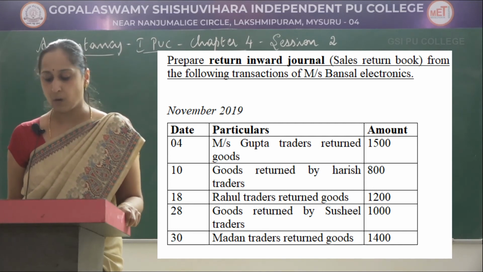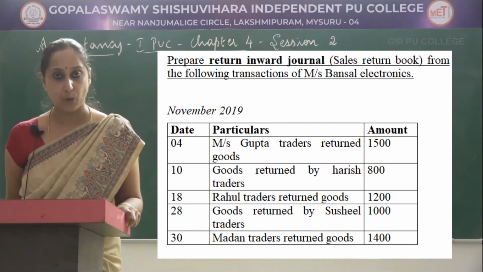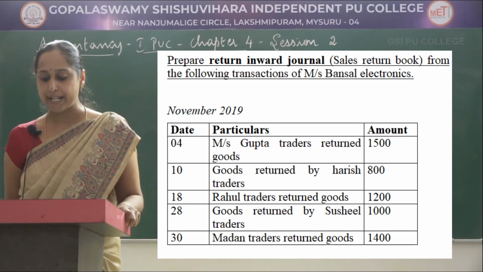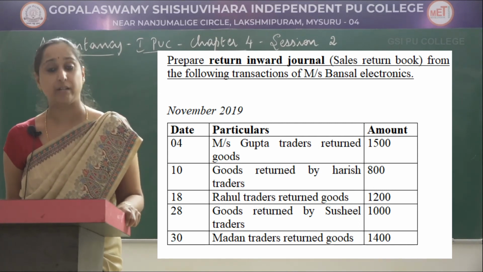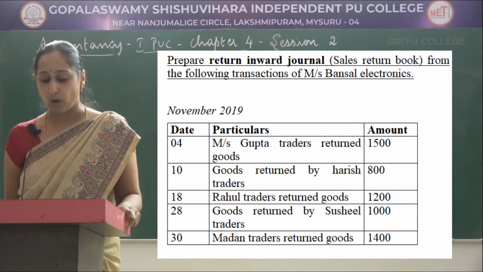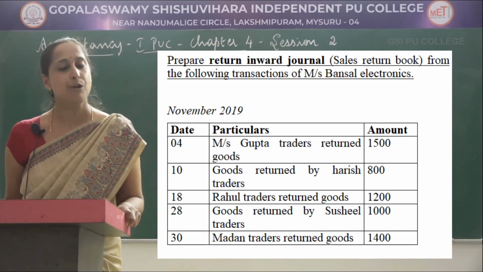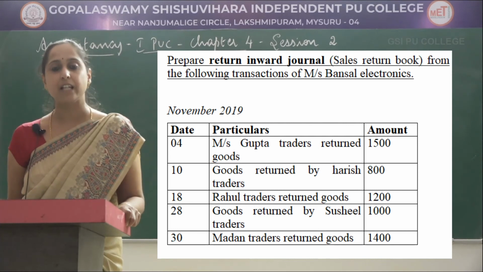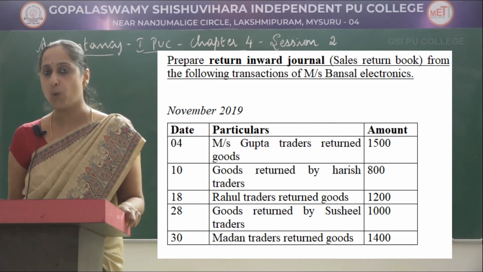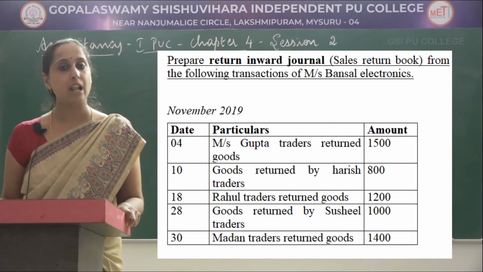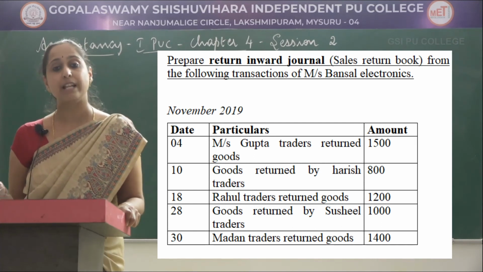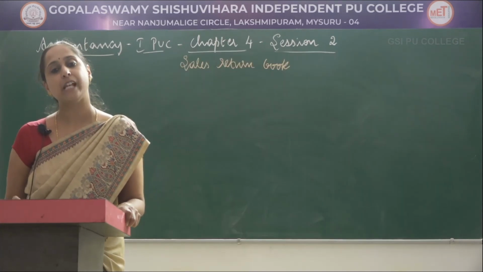On 18th, Rahul Traders returned goods worth rupees 1,200, and on 28th, goods returned by Sushil Traders worth rupees 1,000, and on 30th, Madan Traders returned goods worth rupees 1,400. So these are the customers who returned goods to Bansal Electronics.